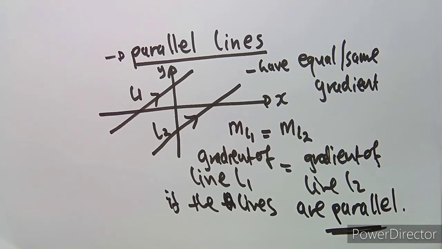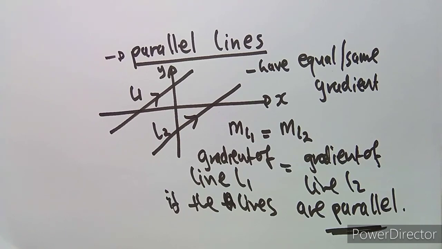So for any condition where you are given parallel lines, because they can give you two parallel lines, for one line they give you a gradient, then for another one they give you a point and ask you to calculate the equation of that line. You have to understand this concept that parallel lines have the same gradient. It can be used in many cases.